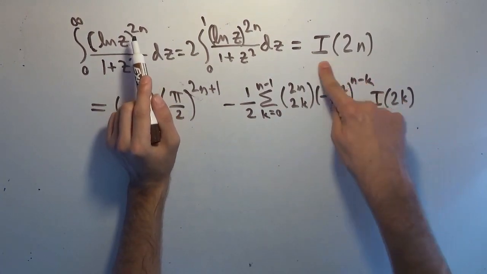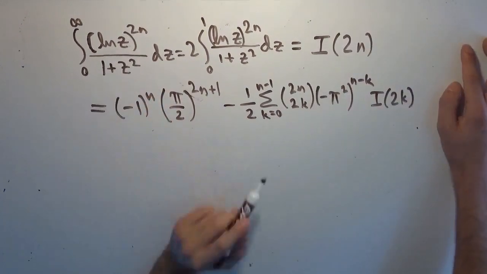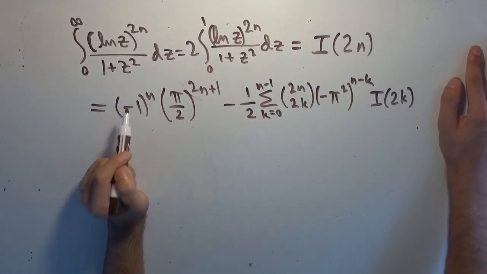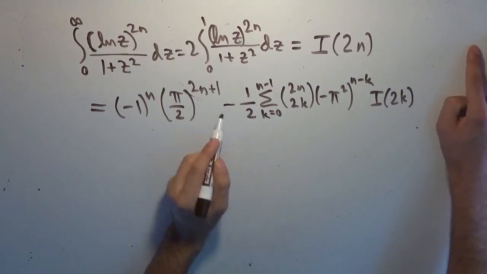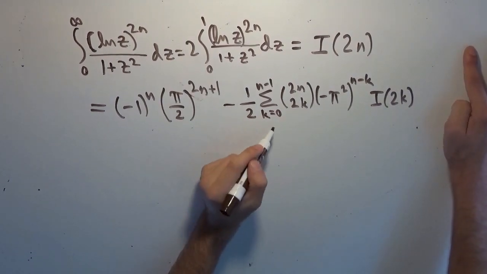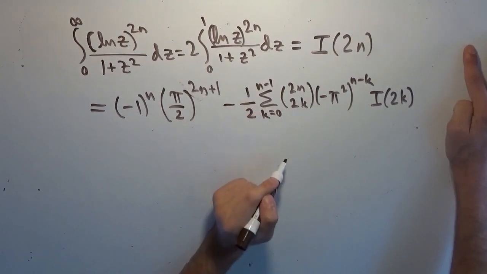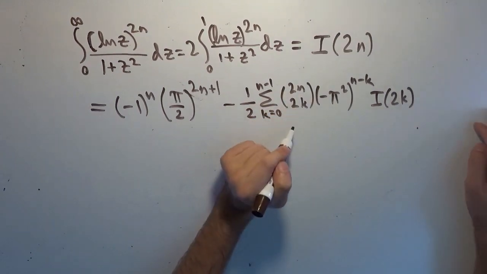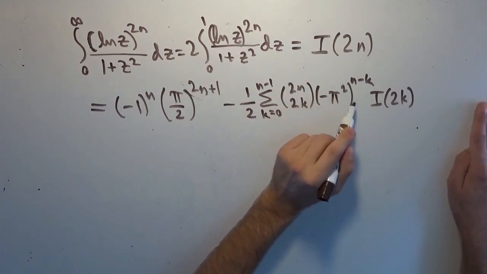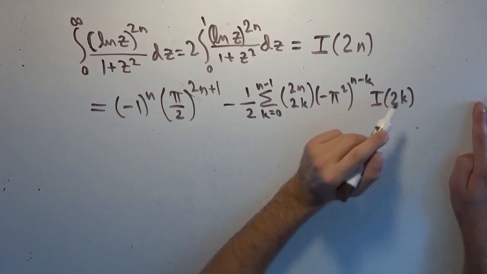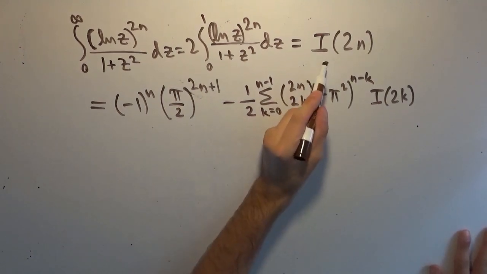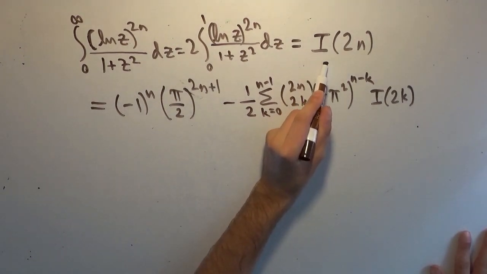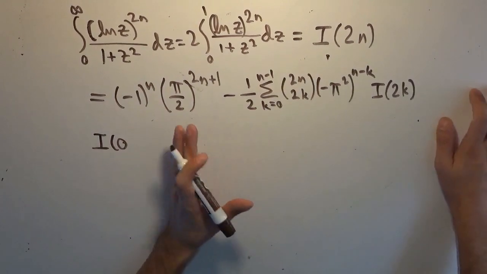We've shown that capital I of 2n is equal to negative 1 to the power of n times pi over 2 to the power of 2n plus 1 minus 1/2 times the sum from k equals 0 to n minus 1 of 2n choose 2k times negative pi squared to the power of n minus k times I of 2k. This is what we've been able to show. And so now we can evaluate what this thing is finally equal to. Now, I'm not going to go through and plug things in and derive them now.